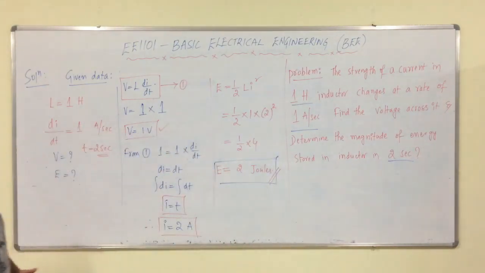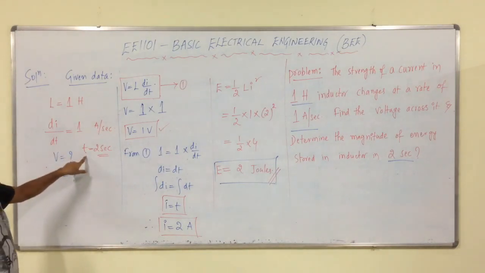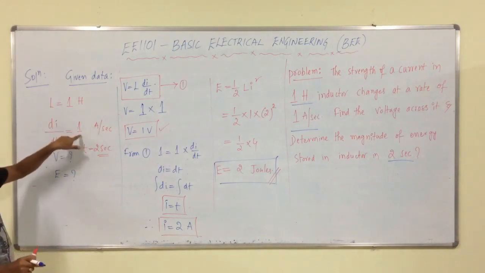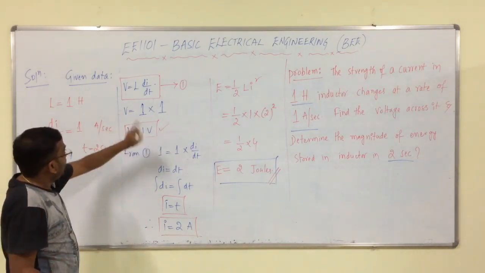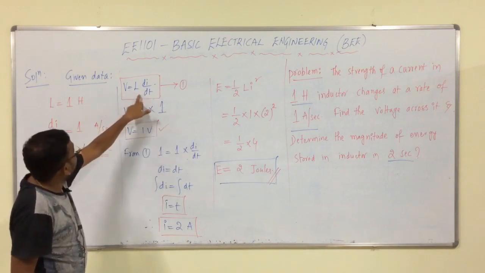This is the value of energy. Simple manipulations: we have this value L di by dt and t. Substituting L into di by dt, 1 into 1, we get 1 volt, but we don't know the value of exact current. For that, I am putting V is equal to 1 is equal to 1 into di by dt.